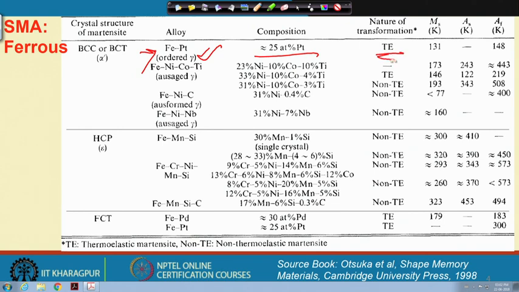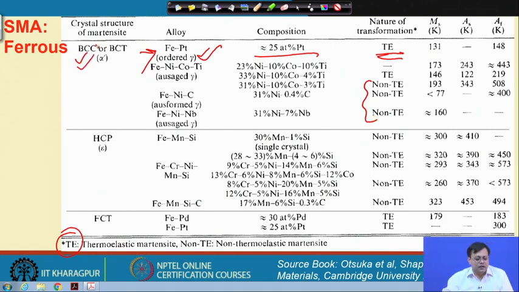The nature of this transformation is thermoelastic. Here Te stands for thermoelastic martensite, where there are also some examples of non-thermoelastic martensite. In this particular case the martensite phase has a BCC or body center tetragonal structure, and we know that this tetragonality basically develops if a very little amount of carbon is present.